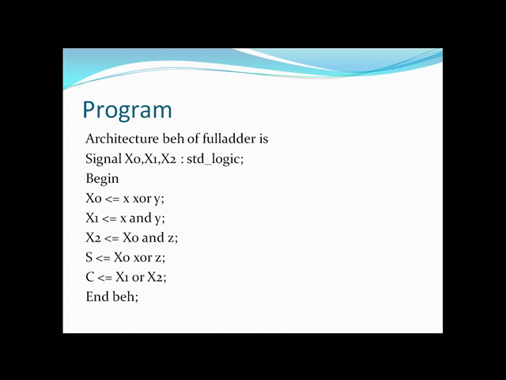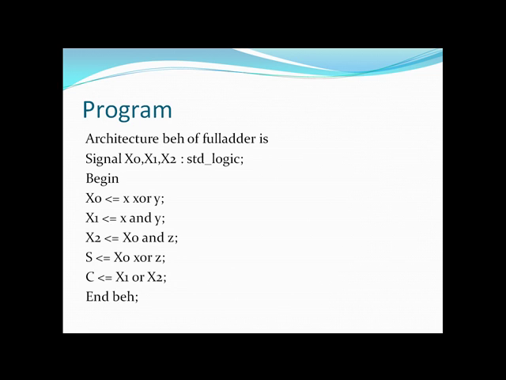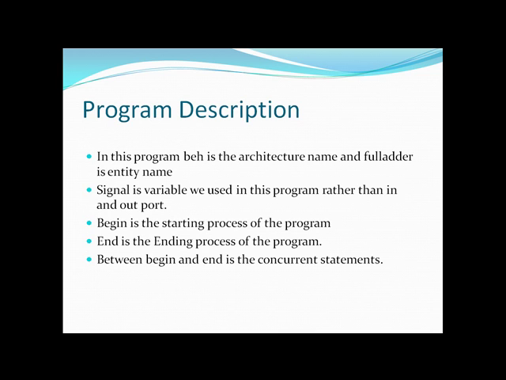So the right-hand side is assigned to the left-hand side. Here, X naught is X exclusive OR of Y, X1 will be X and Y, X2 will be X naught and Z, sum will be X naught XOR Z, and carry will be X1 OR X2. And at the end we give the end architecture name. The architecture name here is BEH, so I am giving end BEH. This is the architecture body of the program.